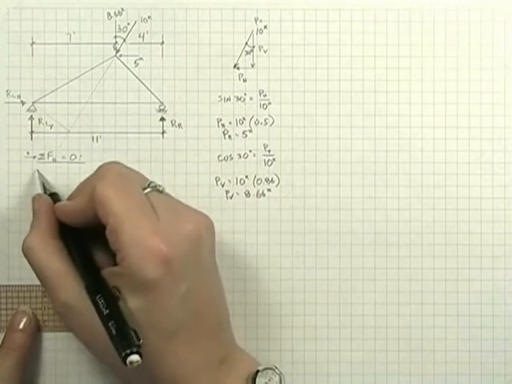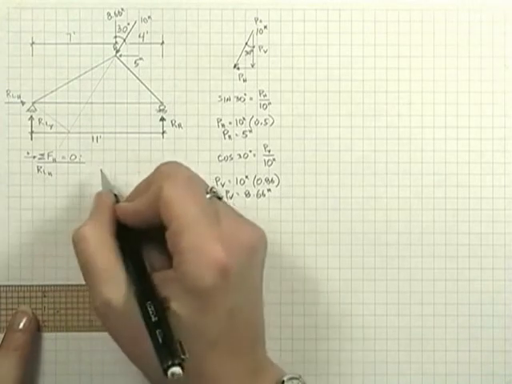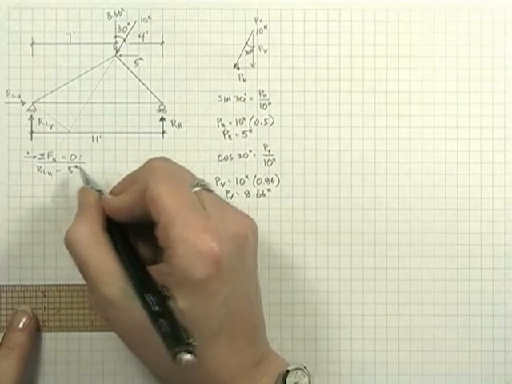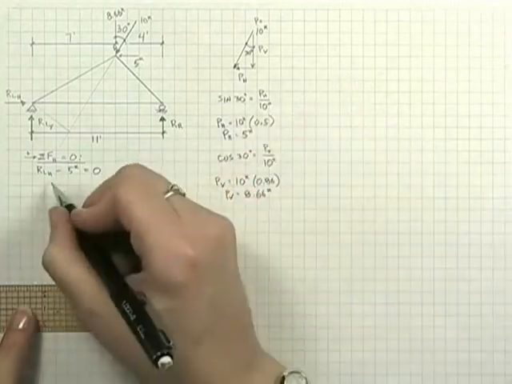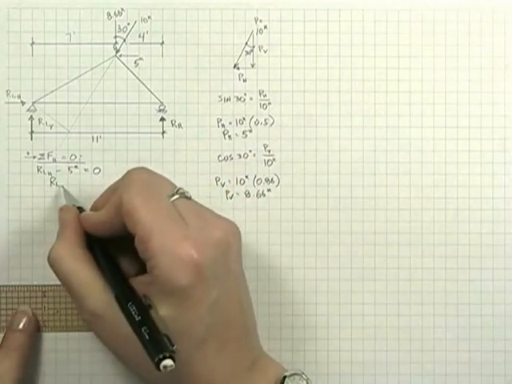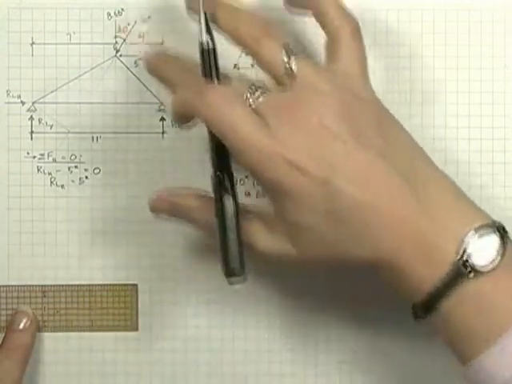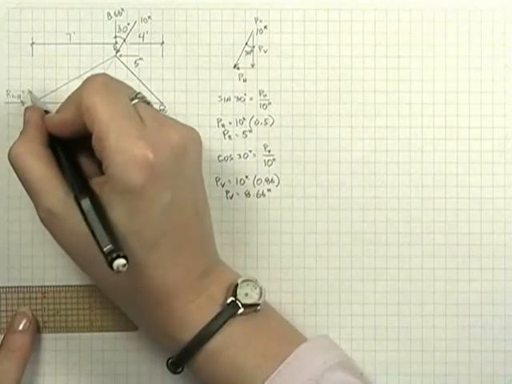We have R left horizontally minus 5 kips, that also all equals 0. R left horizontal has to be equal to 5 kips. There's no other forces acting horizontally here.